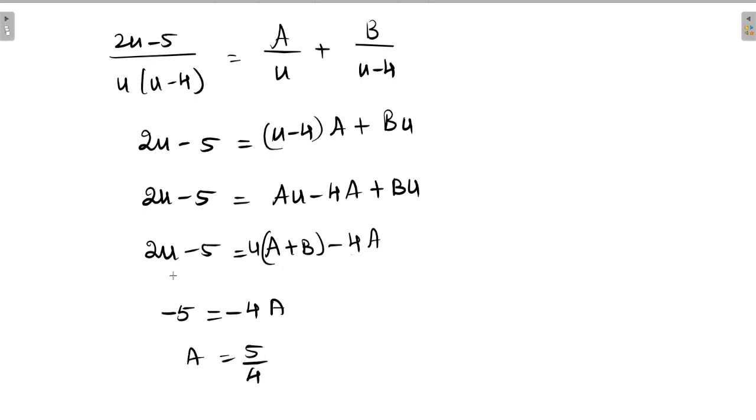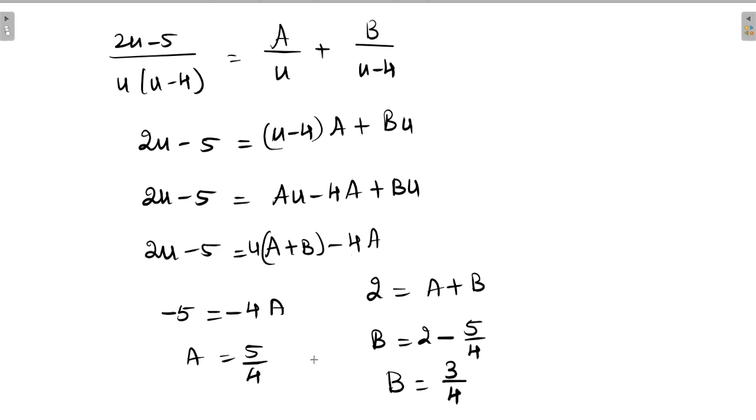We can equate the terms of u. So 2 equal to a plus b. We can replace the value of a. So b equal to 2 minus 5 by 4. That is b equal to 3 by 4. 8 minus 5 is 3 by 4.